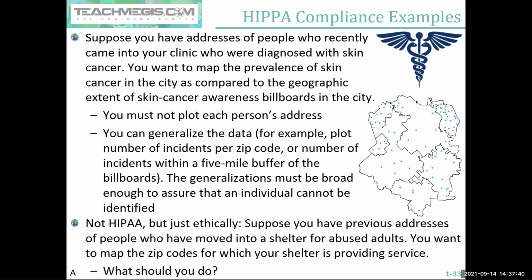I don't know exactly how they might ask the question on the exam you get, but you need to understand HIPAA means never identify an individual's home address and their medical condition together. That's how it affects us in mapping. It means also their work, or nothing on the map should tie to an individual person and their illness or their medical records at all. Okay, we'll talk more about it in class.